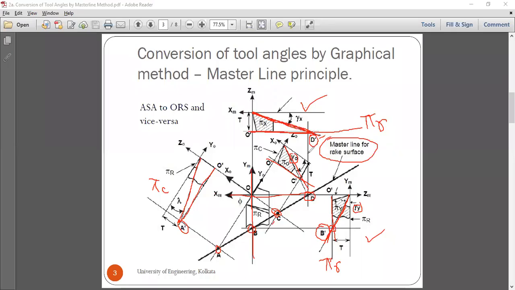D dash, you take the projection on the section line and you name it D. B dash, you take the projection on the section line and you name it B. You join these 2 points, you will get the master line. Now this master line is the intersection of the rake surface extended till the base. So suppose this is your rake surface. To be more precise, this is your rake surface, right?